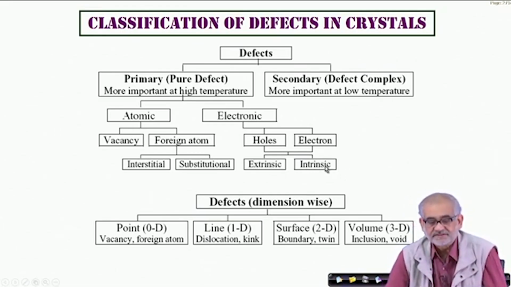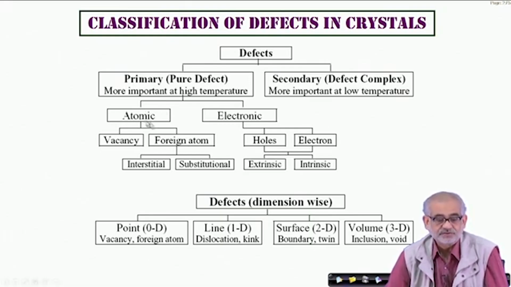By increasing the temperature, you can create differences in the density of electrons or holes, or by changing the composition, you can create a similar defect density. Now, this entire range of defects that we talked about are called primary defects because they are isolated and independent. But very rarely in a crystal do you see a situation where you have isolated pure defects.